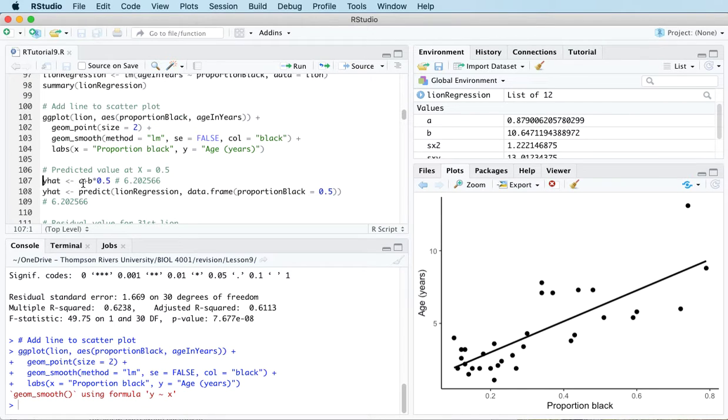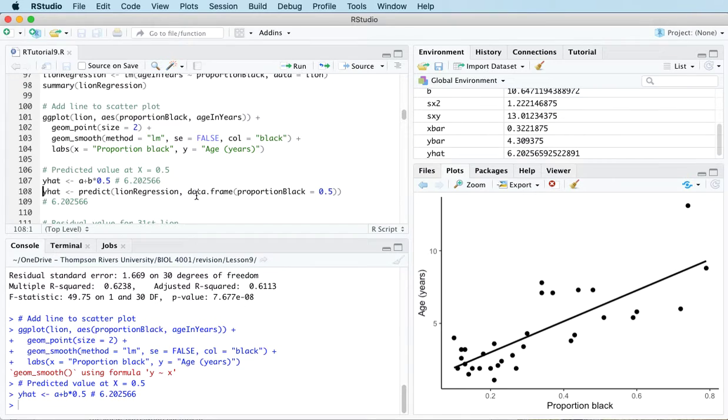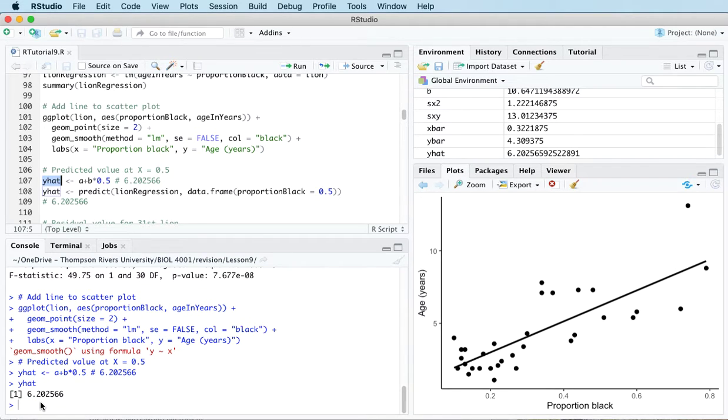The way that we do that is just by using this formula, and we end up with what I'm calling y hat. So y stands for the response variable, and the hat means that this is an estimate or a prediction. And so we can see that a lion with a proportion of 0.5 black pigmentation on their nose would be predicted to be 6.2 years old.